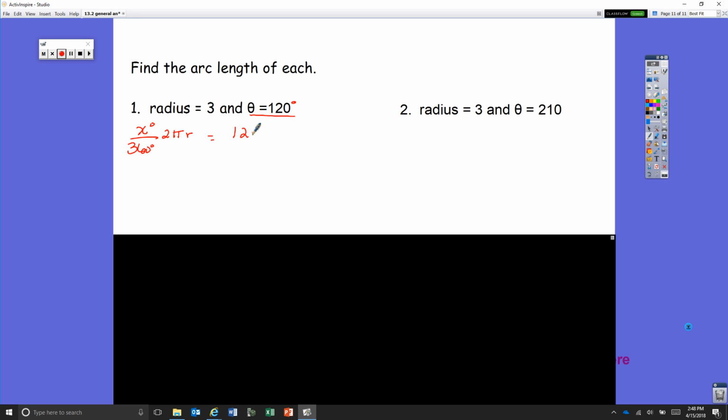Well, I have 120 over 360 degrees times 2 pi, my radius is 3. Again, the degrees reduce, the zeros reduce. 12 and 36 reduce to 1/3 times 2 pi times 3. The 3's reduce, so I get an arc length of 2 pi.